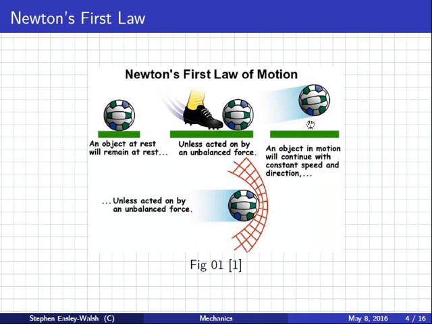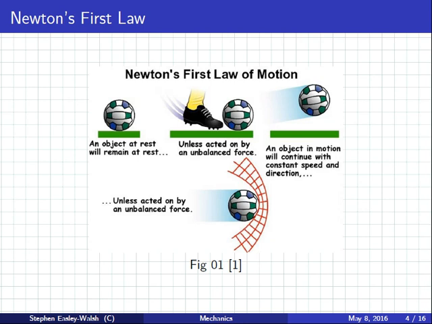It will continue in this motion unless acted on by a force, in this case the net. It's not a perfect example because the motion isn't really constant as the ball is falling, but as a rough idea, it'll stay at rest until a force acts on it, and continue in constant motion unless acted on by a force. I like this little picture because it explains Newton's first law quite nicely.